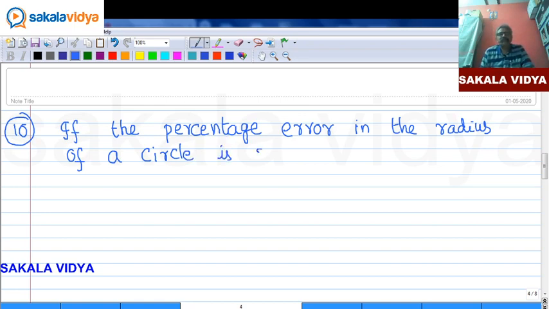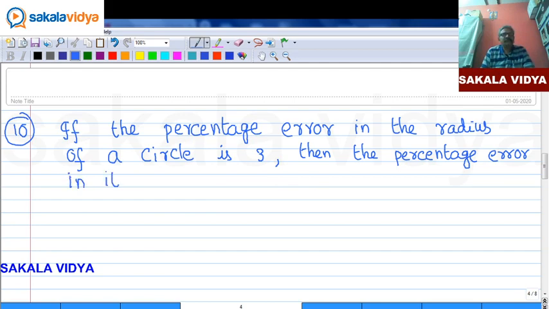That means that is 3% is 3. Then the percentage error in its area is, first option is 6, second option is 3/2, third option is 2, fourth option is 4.